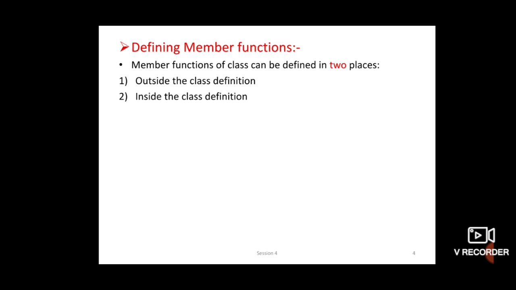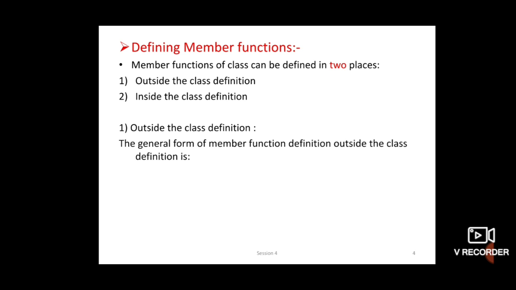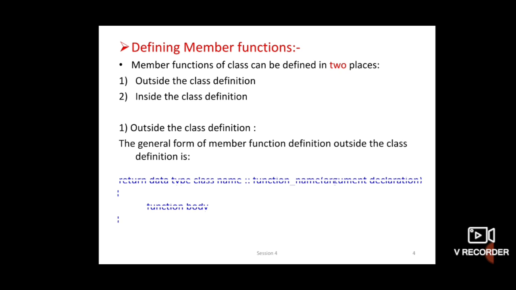Now let us see one by one in detail how to declare a member function outside the class definition. First is outside the class definition. First see the general format of a member function definition outside the class definition. What is the syntax if you want to declare a member function outside the class? See here, return data type, meaning which data type is used.